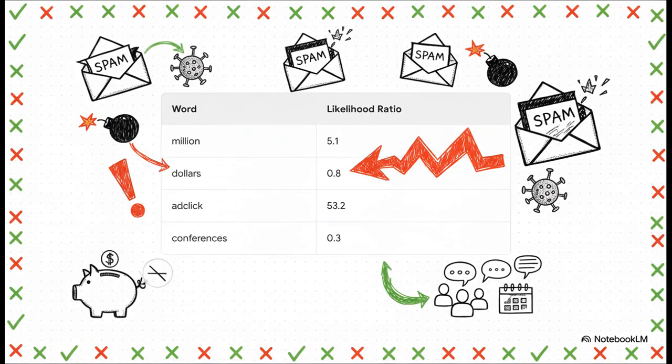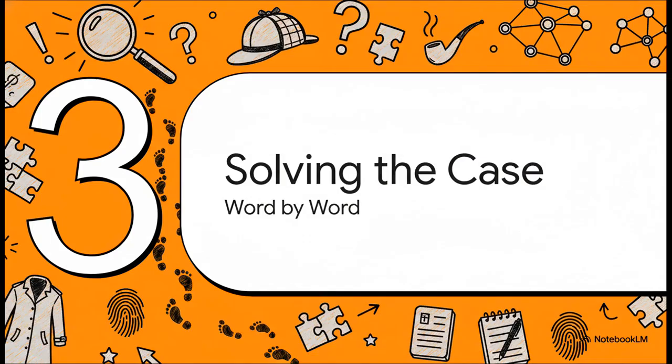This table shows beautifully how different words act as clues. Million points towards spam with a strength of 5.1. But look at ad click. That's a huge red flag, over 53 times more likely in spam. On the other hand, a word like conferences has a ratio less than 1, which means it's actually evidence that an email is ham.